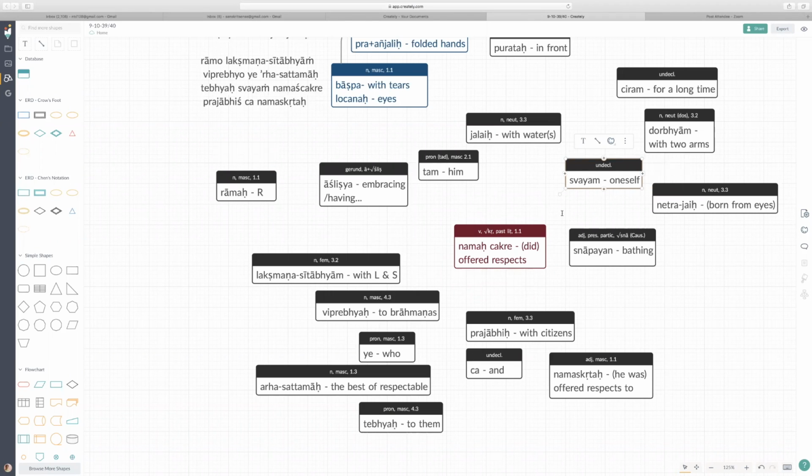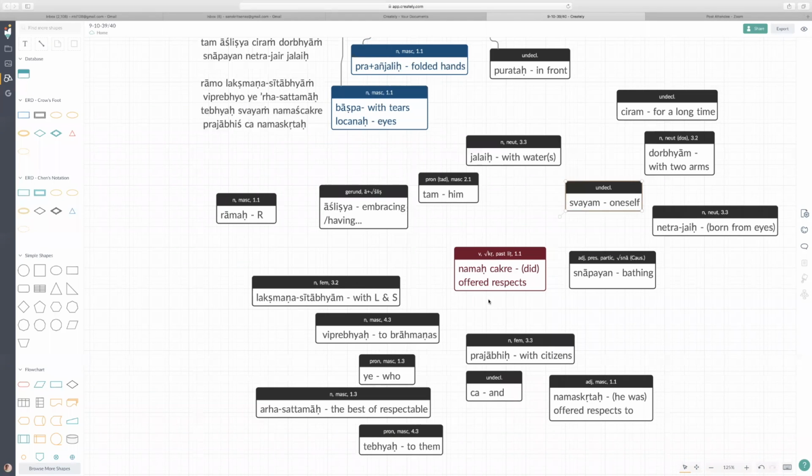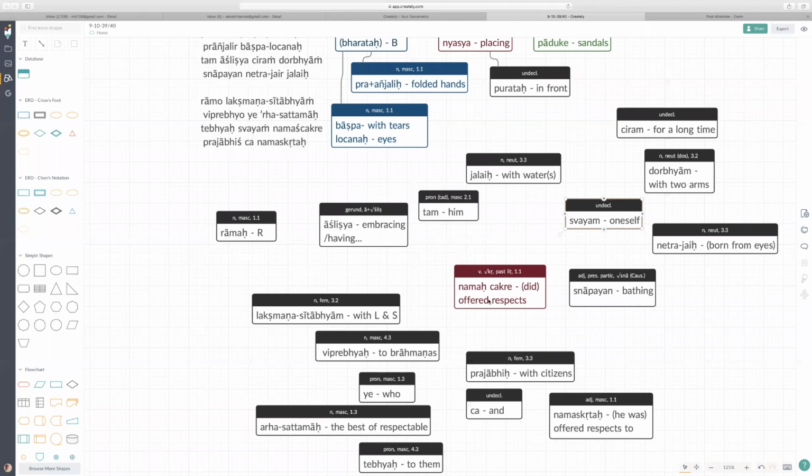Rama. Where is Rama? Yeah, I lost it. Okay, here it is. He offered respects. Okay, to whom?